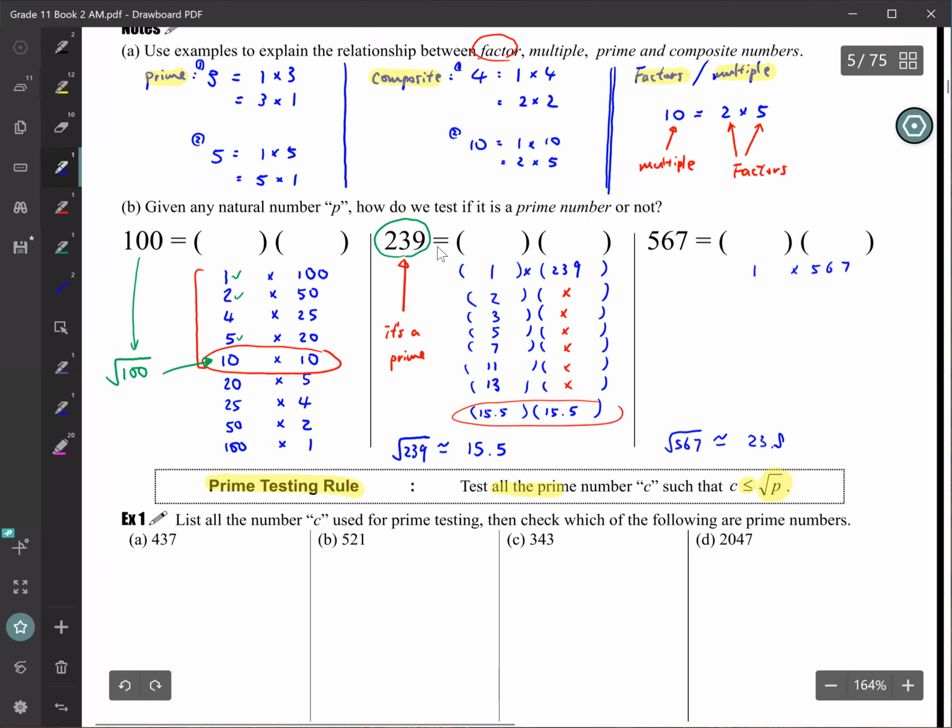Okay, so we'll be checking all the primes before 23.8. So that includes 23, right? 23, I think, is a prime. Okay, so you need to list out all the primes up to 23.